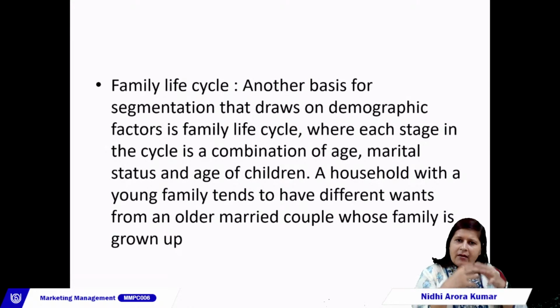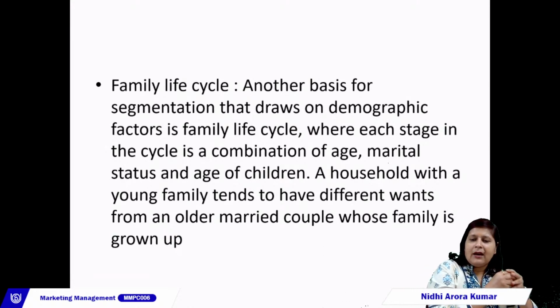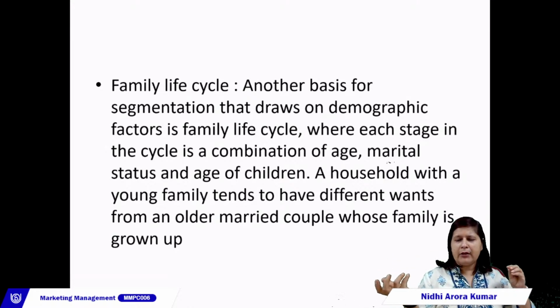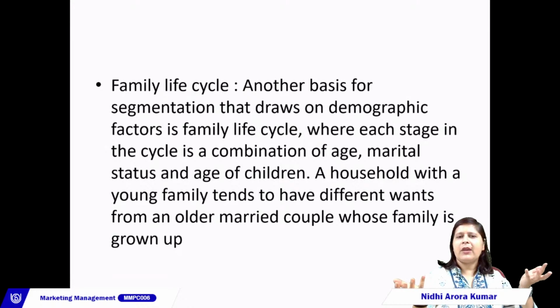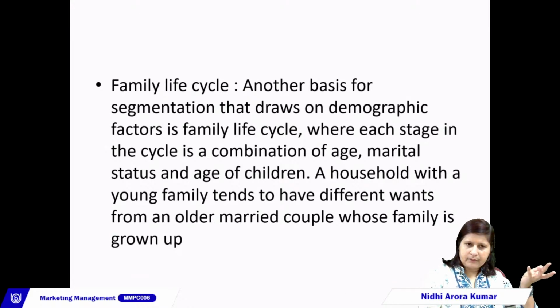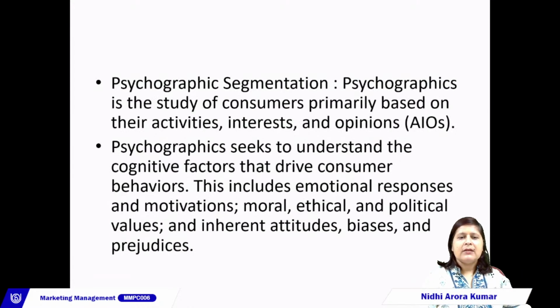So a household with a young family might have different needs than an elderly married couple whose family is grown up. So according to the family life cycle, you can divide your market.